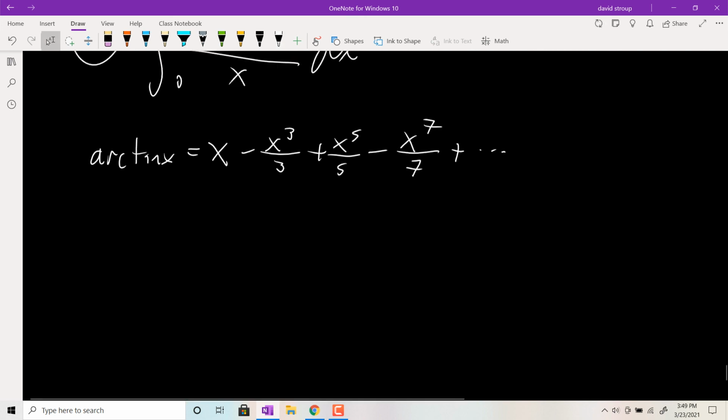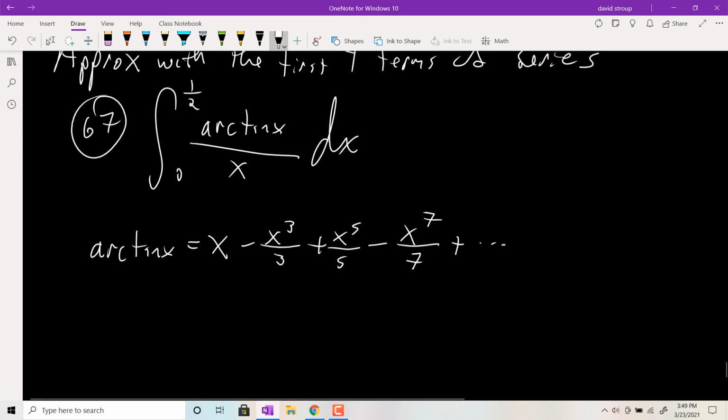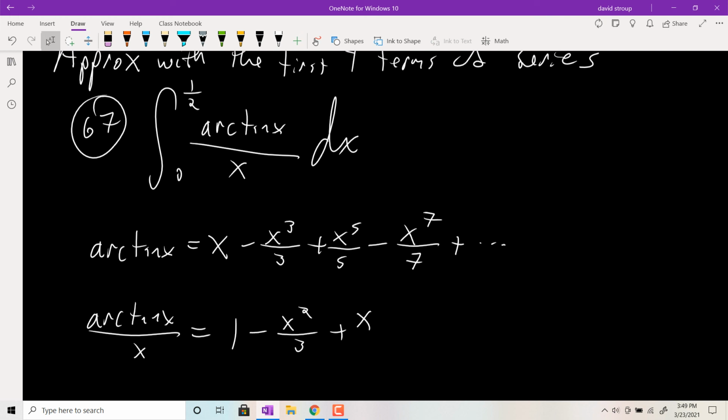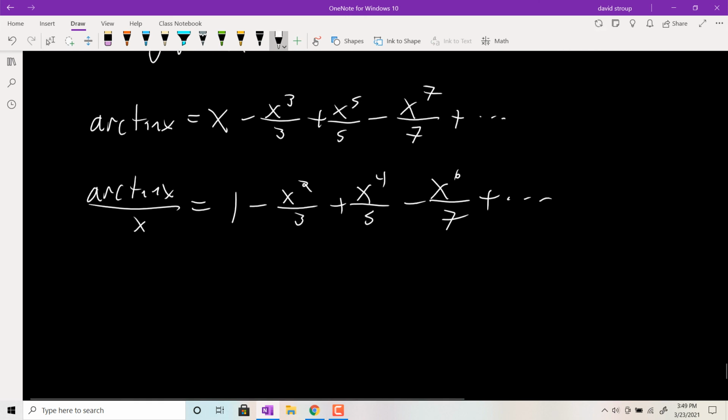Okay. So to get arctan of x over x, you just divide each one by x. So this will be 1 minus x squared over 3 plus x to the 4th over 5 minus x to the 6th over 7 plus and so on. Then I need to integrate it. So I'm integrating this thing.